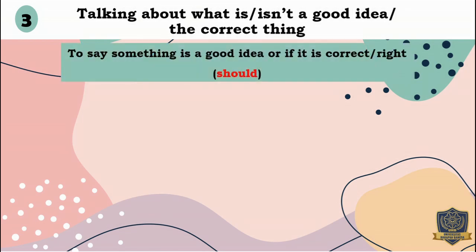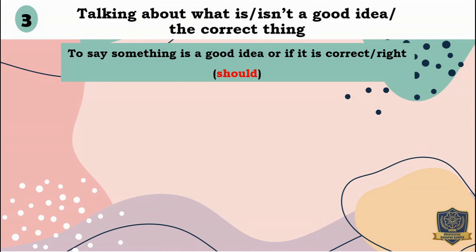The first, to say something is a good idea or if it is correct or right. So you use should. Jadi untuk menyatakan bahwa suatu hal atau suatu ide itu baik atau benar untuk dilakukan.